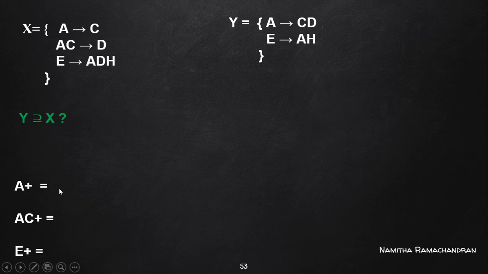Then the twist is we want to find the closure with respect to the dependencies listed here in the superset. We want to find the closure of our subset's LHS part with respect to the set of dependencies present in the superset.